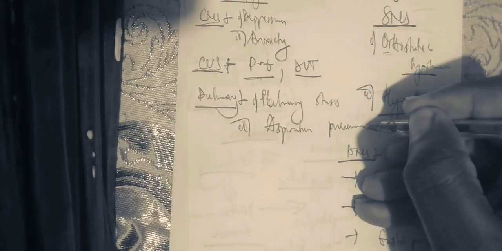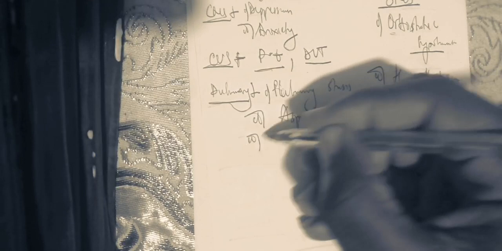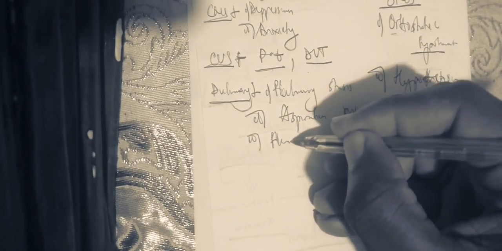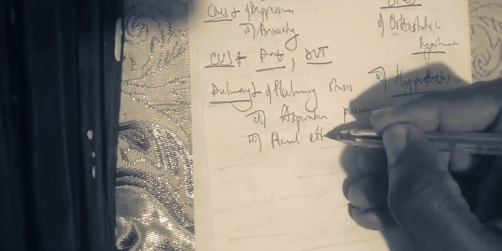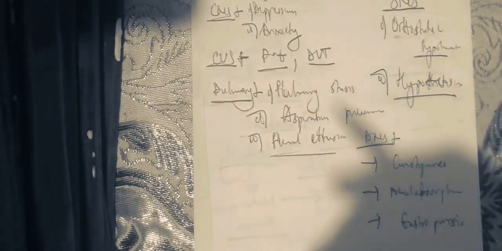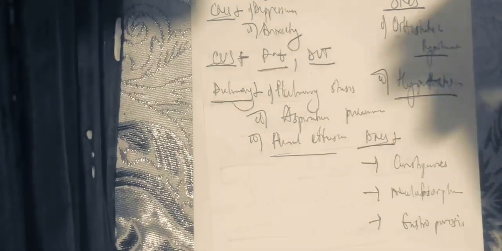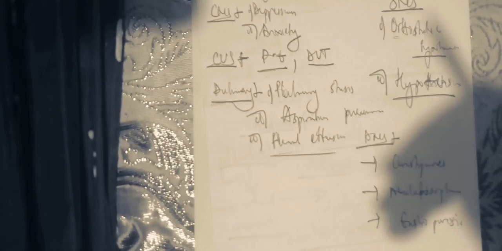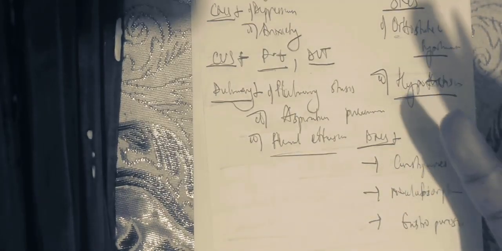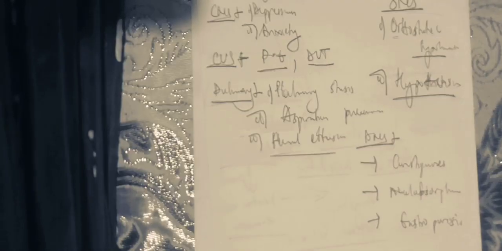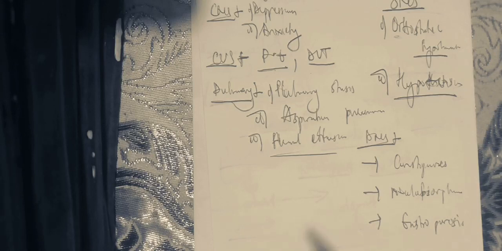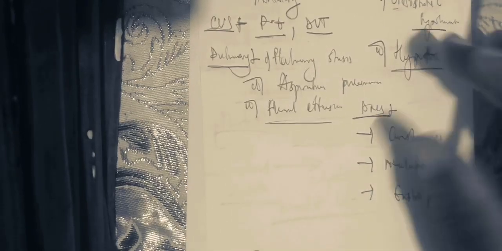You can also have pleural effusion, because the backflow of blood is also helped by exercising. I hope you already know the two major types of pleural effusion, which are exudative and transudative. In this case, you're going to have a transudative pleural effusion.